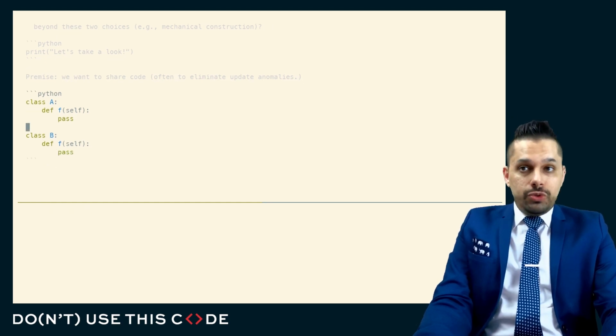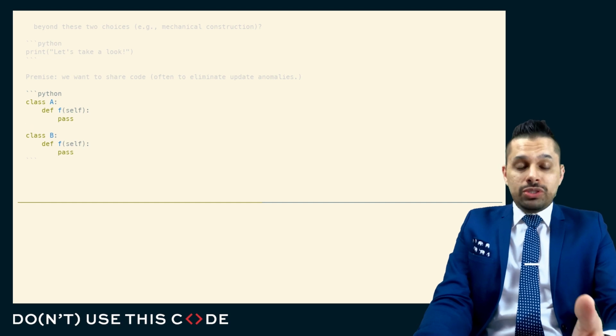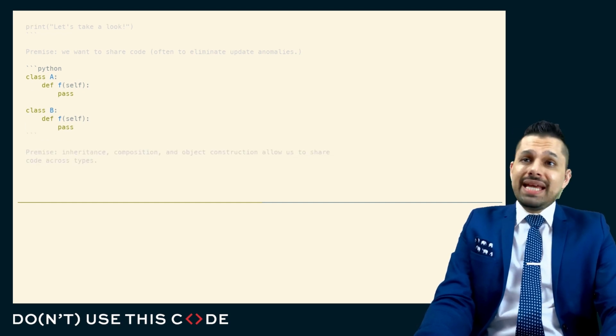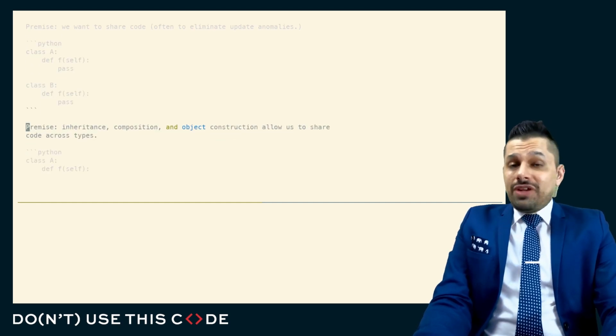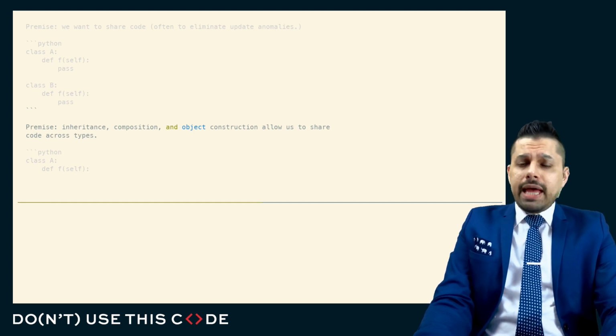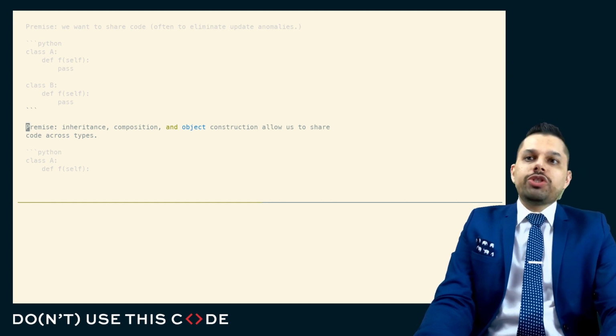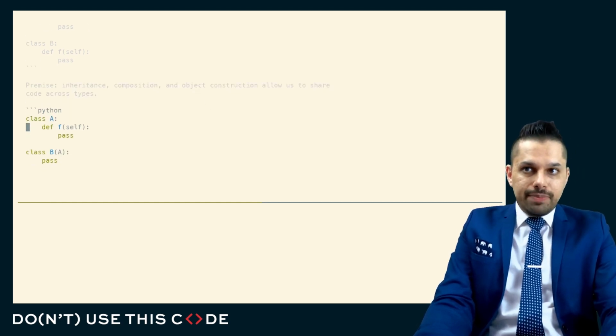One of the ways in which we might do that, if we saw that this duplication was in the form of methods that were similar between different objects, is to make use of inheritance, composition, or other approaches. Our second premise is that inheritance, composition, and some other approaches are ways in which we might share code across types.